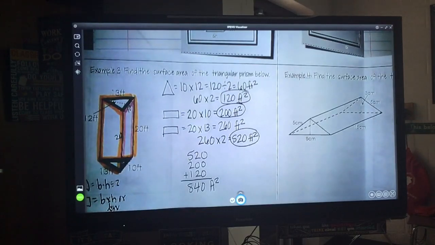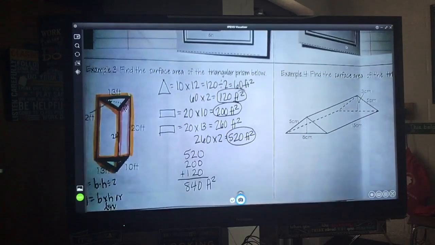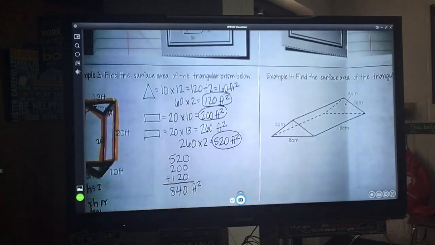All right, listen. My point of asking what is the same or what's different, looking at both of them, is nothing. We're still going to do the exact same process we did with the last one. Starting with our triangle, what is the formula we're going to be using for a triangle?